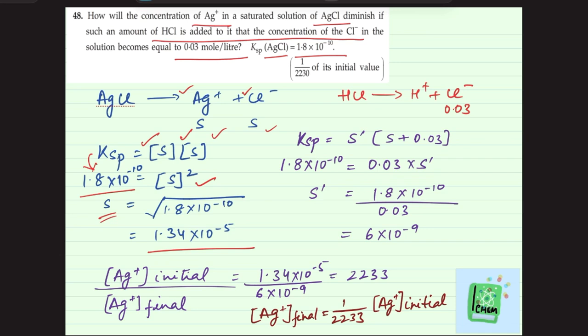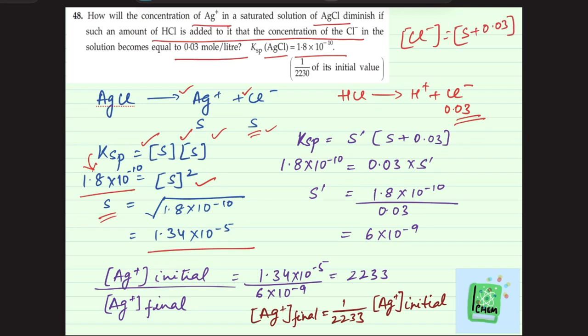What happens on the addition of HCl? 0.03 moles per liter of chloride ions are available in the solution, and from silver chloride the amount of chloride ions available is S moles per liter. So total chloride ion concentration becomes S plus 0.03 moles per liter.